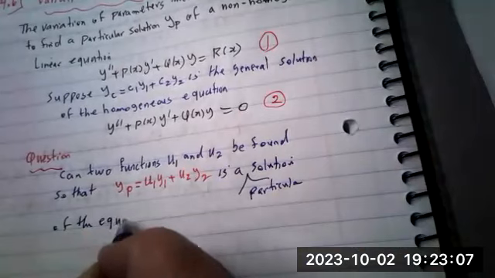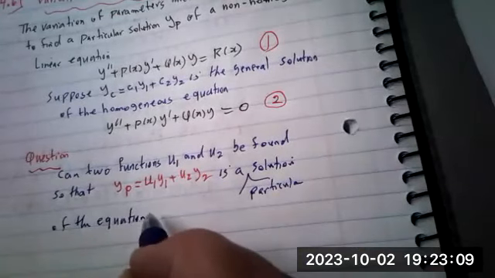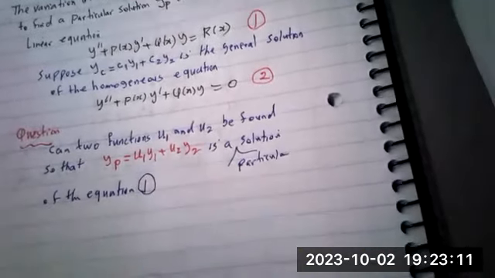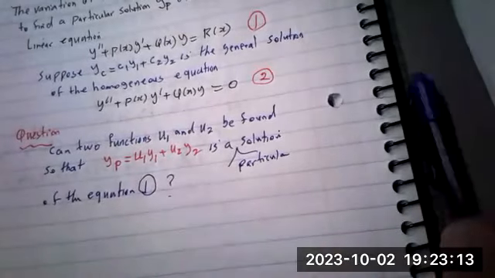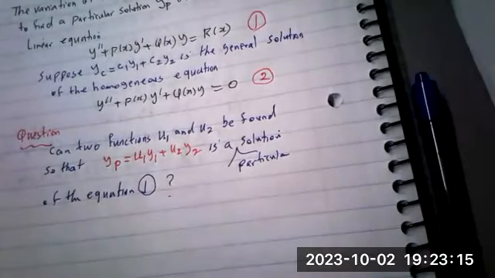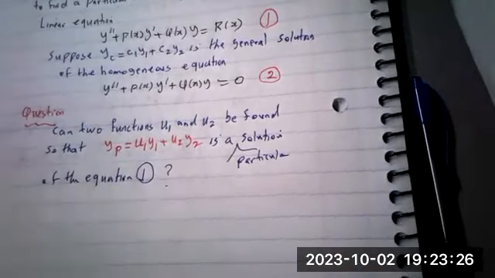So this is the plan. The plan is we change the C1 and C2, and we'd like to force this function to be our YP. So suppose we can do it.